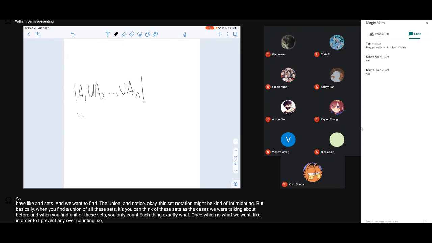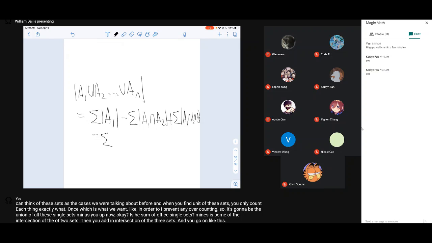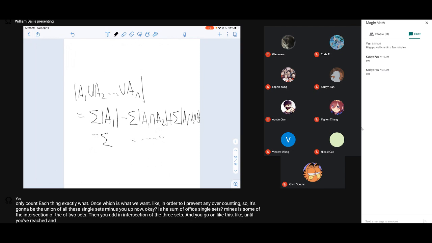So it's the sum of all of these single sets minus the sum of all of the intersections of two sets. Then you add in the intersections of three sets, and you go on like this until you reach n.